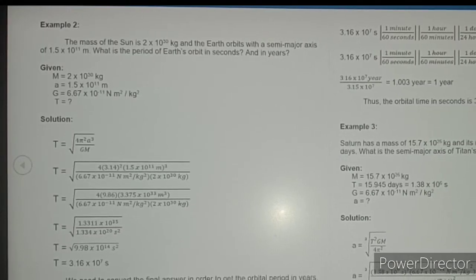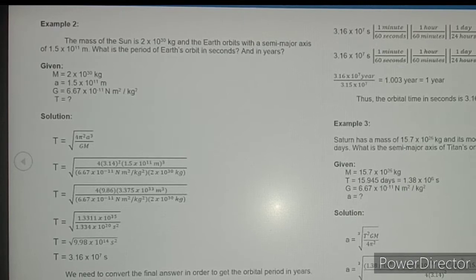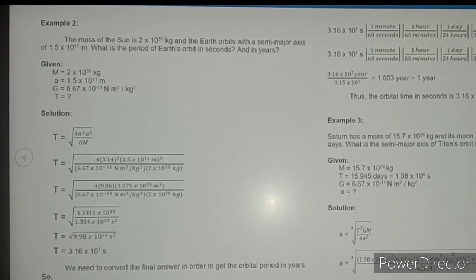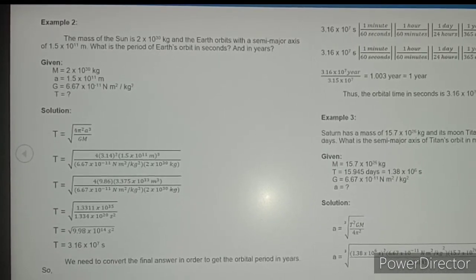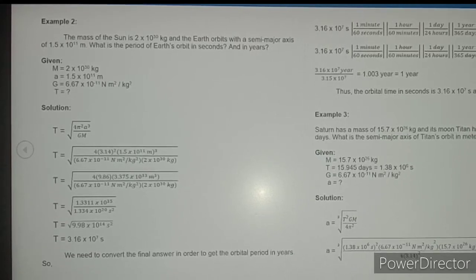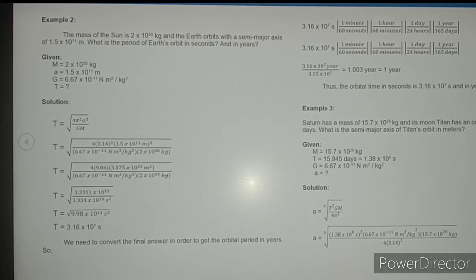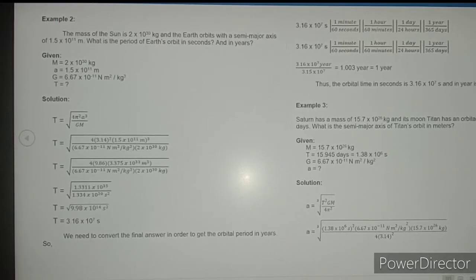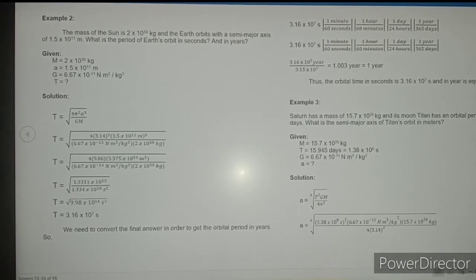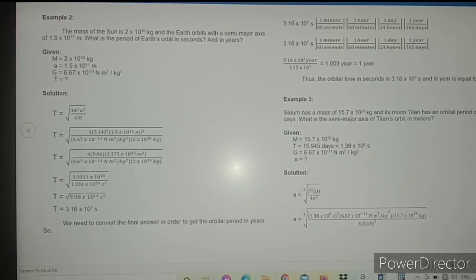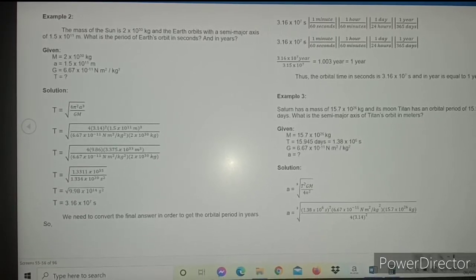For the next example, we have the word problem. The mass of the sun is 2 times 10 raised to 30 kilograms, and the Earth orbits with a semi-major axis of 1.5 times 10 raised to 11 meters. What is the period of Earth's orbit in seconds and in years?